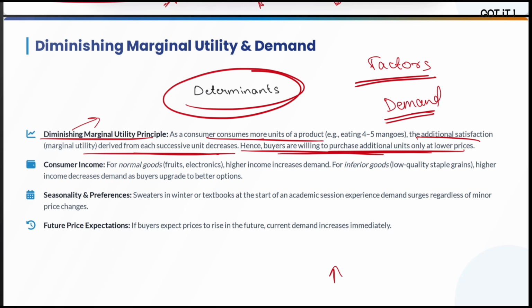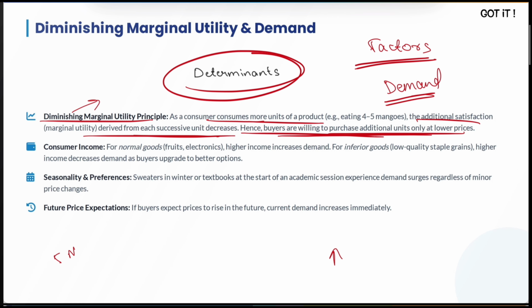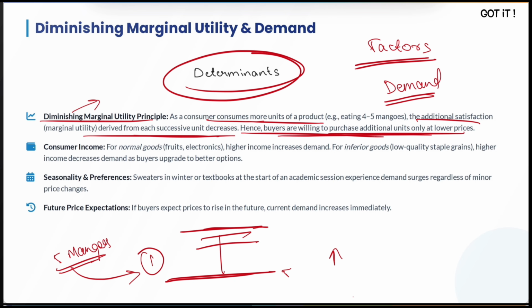For example, if you have 5 mangoes with you and you're very hungry, the first mango which you eat will give you the utmost satisfaction. You will be satisfied at the topmost level. When you eat the second one, it will be reduced a little, and by the time you eat your fifth mango, it will be like you're just eating it for namesake.